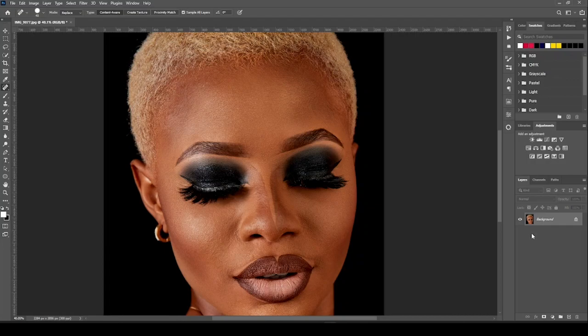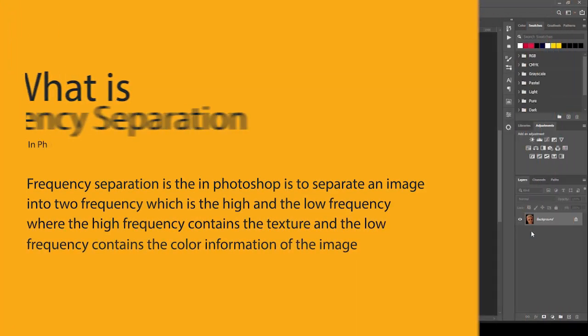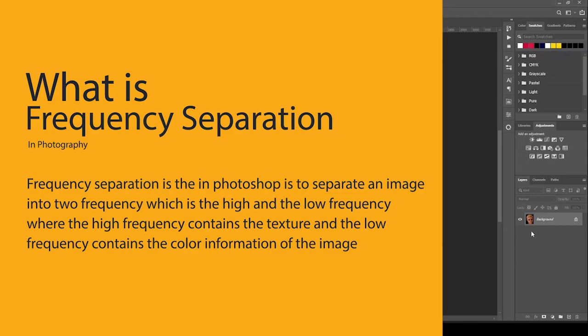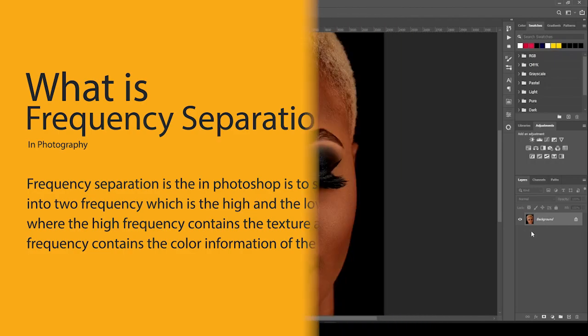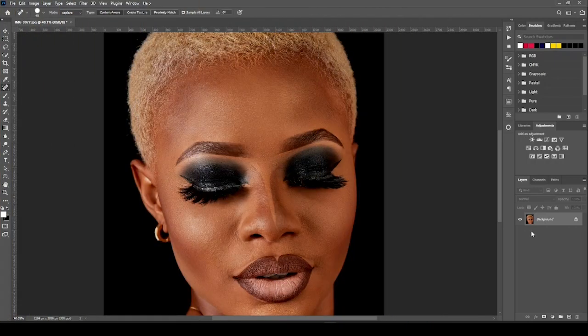Now, in order to create our frequency separation, what is frequency separation to start with? Frequency separation is separating our image into two frequencies, the high frequency and low frequency, whereby in the high frequency we have the textures, the blemishes and the likes of them, and in the low frequency we have the color variation of the image and the tonal range.